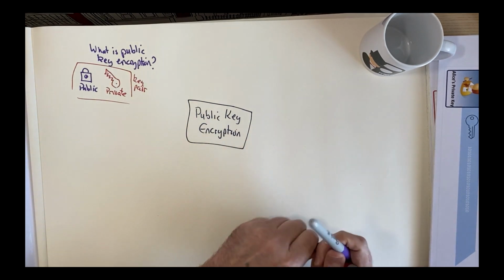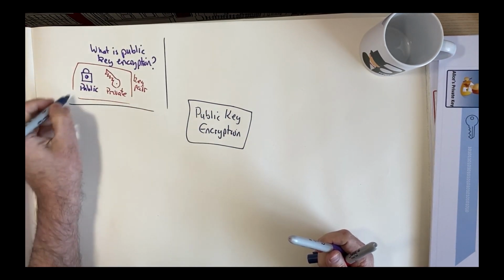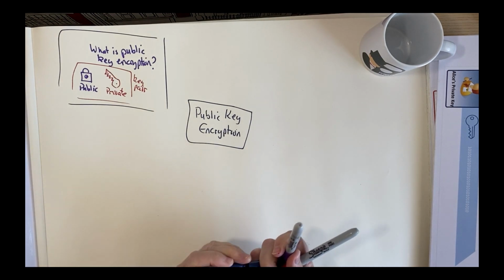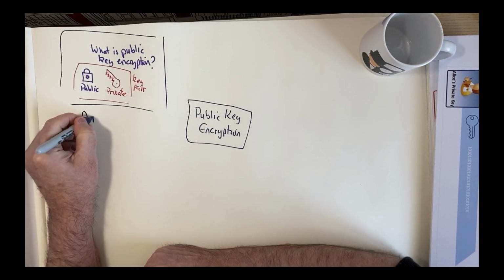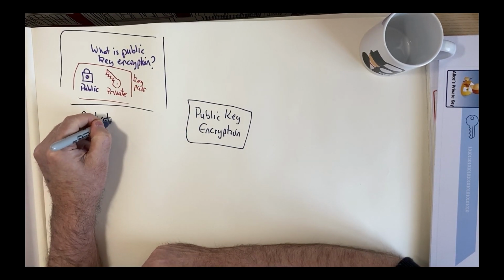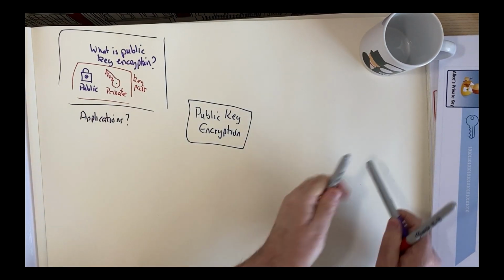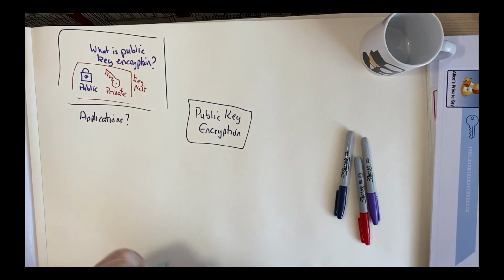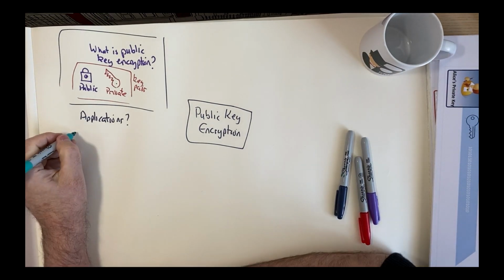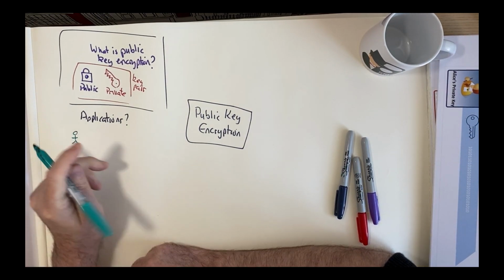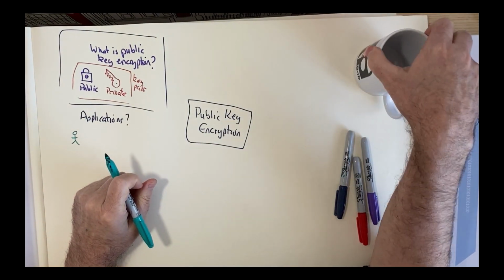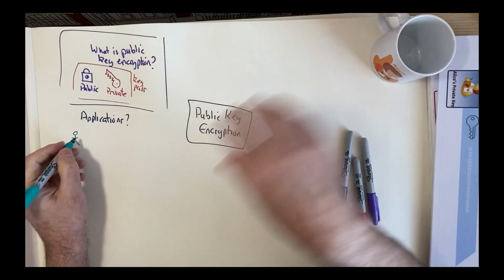Okay, so what are the applications of public key encryption? Where is it used? Well, there are three main areas that we apply it to, and let's take Bob and Alice.